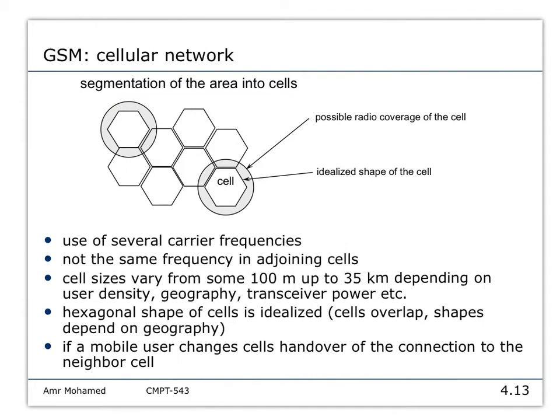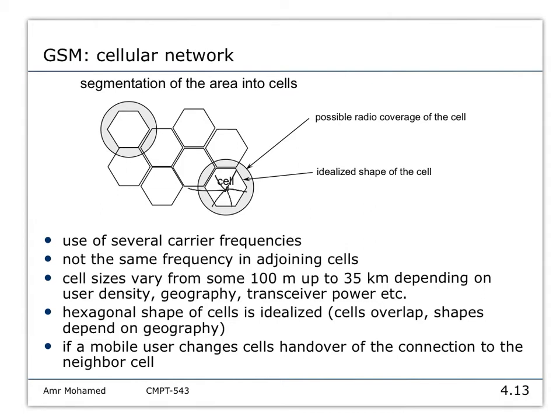As we talked before, you can use a sectorized antenna, in which case you can have the cell like this. You can use a directional antenna or a circular antenna to divide the cell even further into different sectors. Based on that, of course, it affects the frequency assignment.